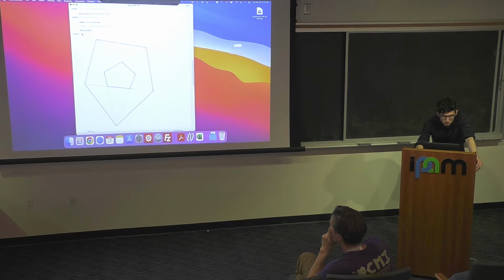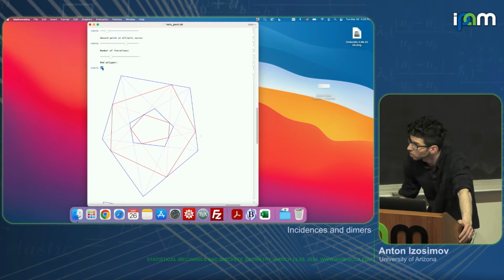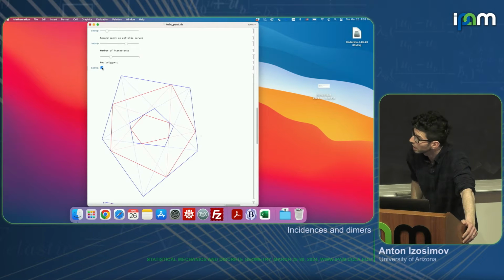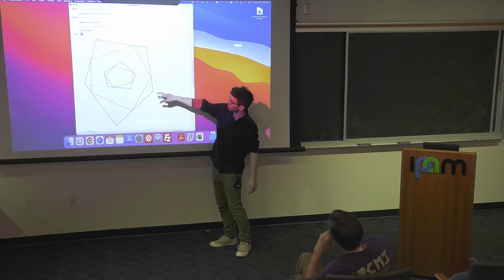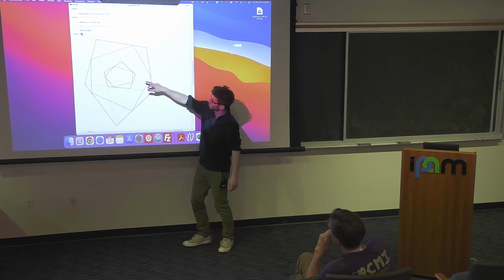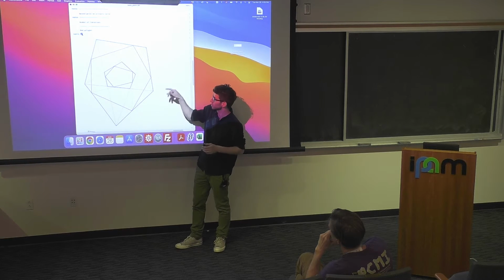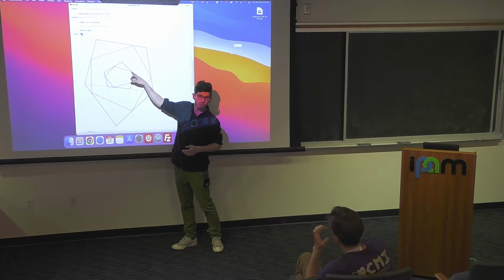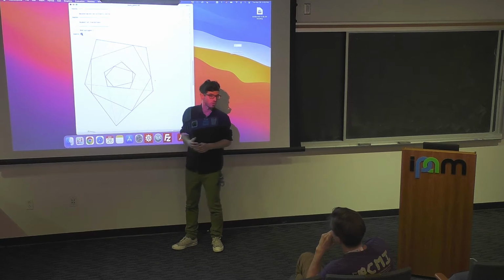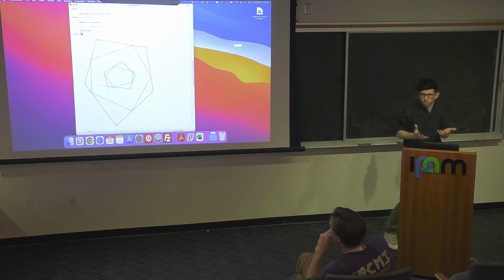And we consider the following configuration. So we have now another pentagon, the big red one, and it has a property that its vertices lie on the sides of the blue one. And then when we construct the small red pentagon in exactly the same way as we did for the blue one, imagine it so happens that its vertices again lie on the sides of the small blue pentagon, which is a non-trivial condition.